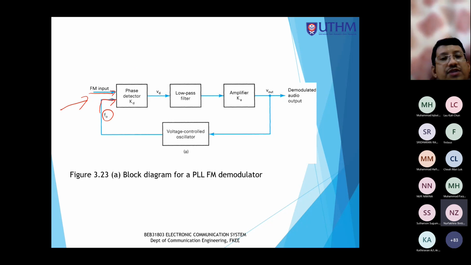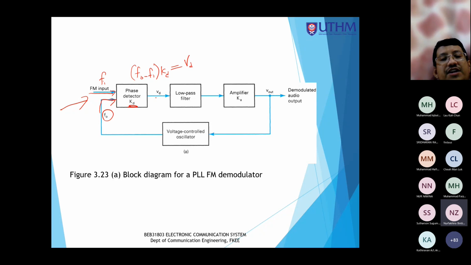What it will produce is, you see that it will compare, for example, this is FI. So the phase detector will compare FO minus FI. It will track the changes, and this will be multiplied with the sensitivity parameter KD, and this is equal to VD.